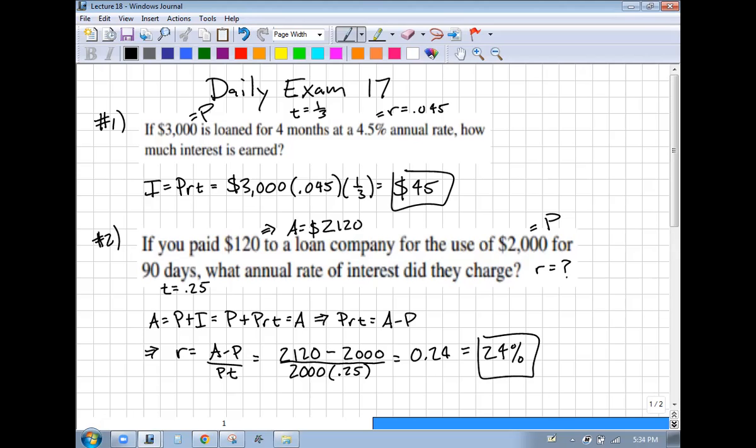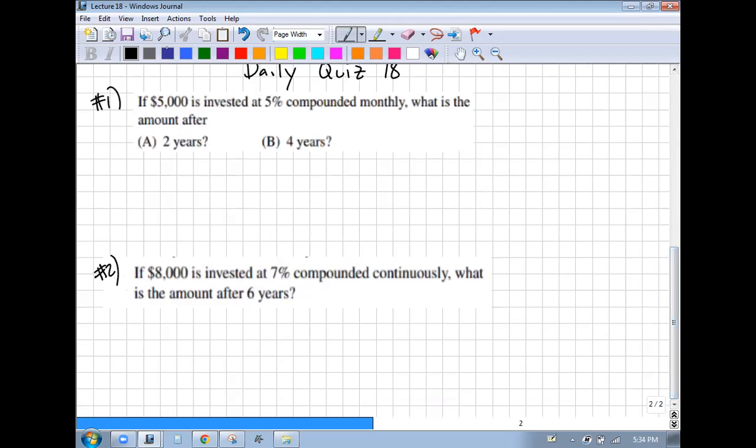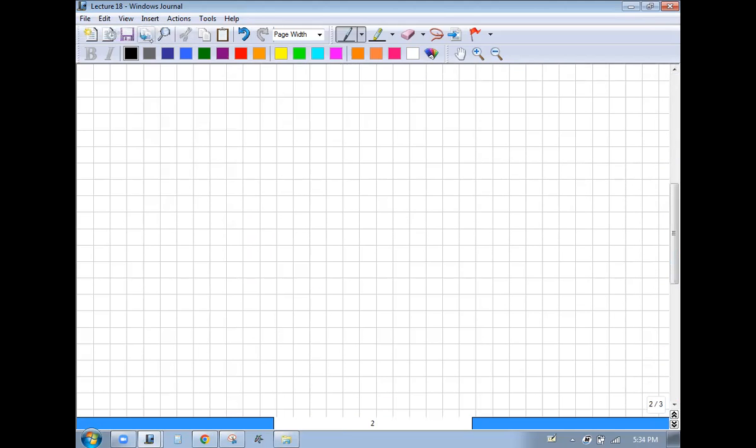It's pretty straightforward. Now, just before we do the quiz, I'm going to give you some equations I've already told y'all, right? Compound interest: A equals P times (1 plus R over N) to the NT.